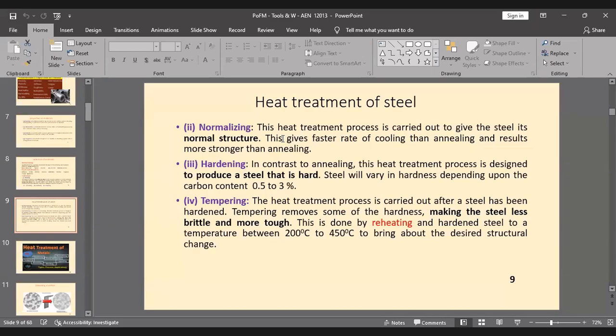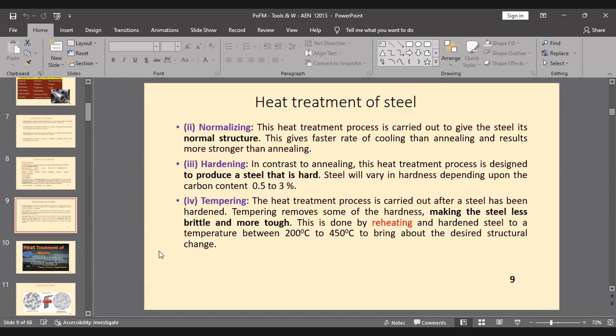So reheating at around 200 to 450 degrees centigrade is comparatively less heat. That is tempering, intermittent heating or reheating. Right. Annealing, normalizing, hardening, and tempering.